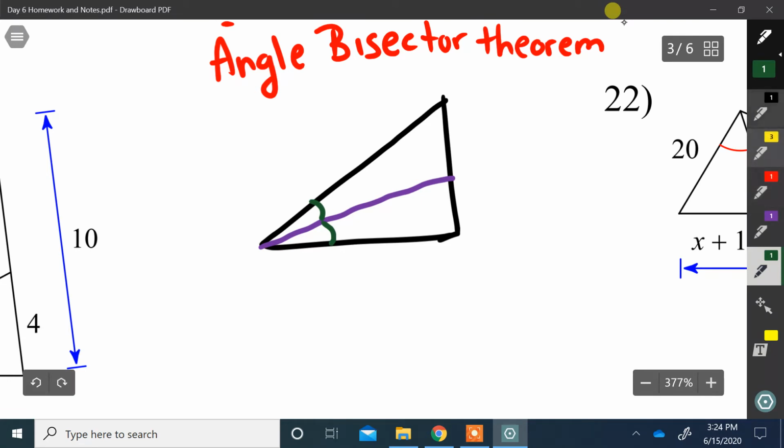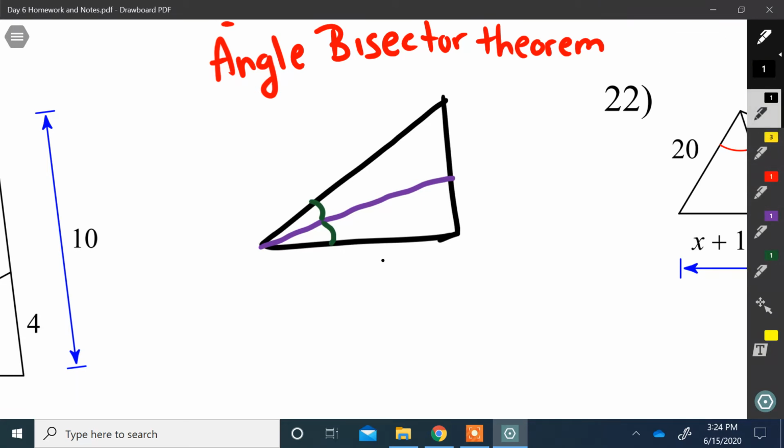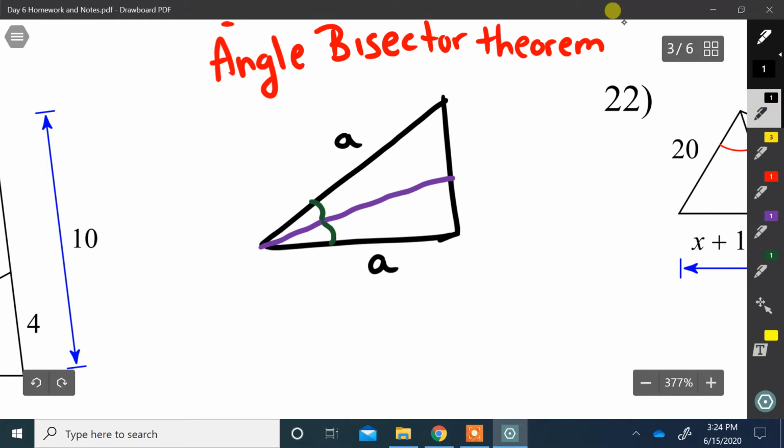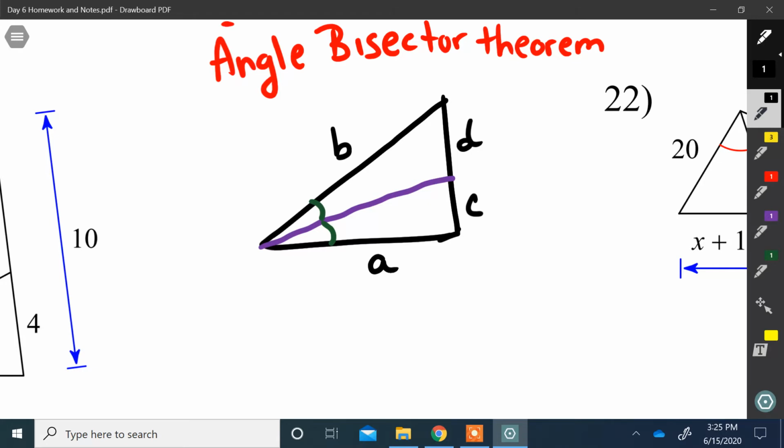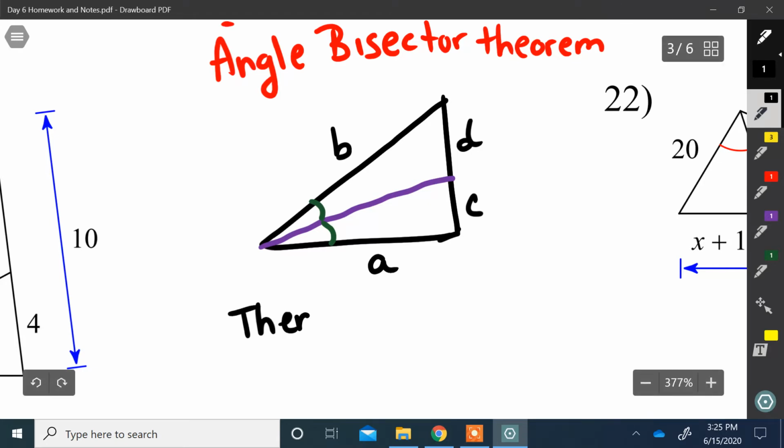Okay, and then if this is A and this is B, and this is C, and this is D, here's what happens. Then A is proportional to B, and then D is proportional to C.